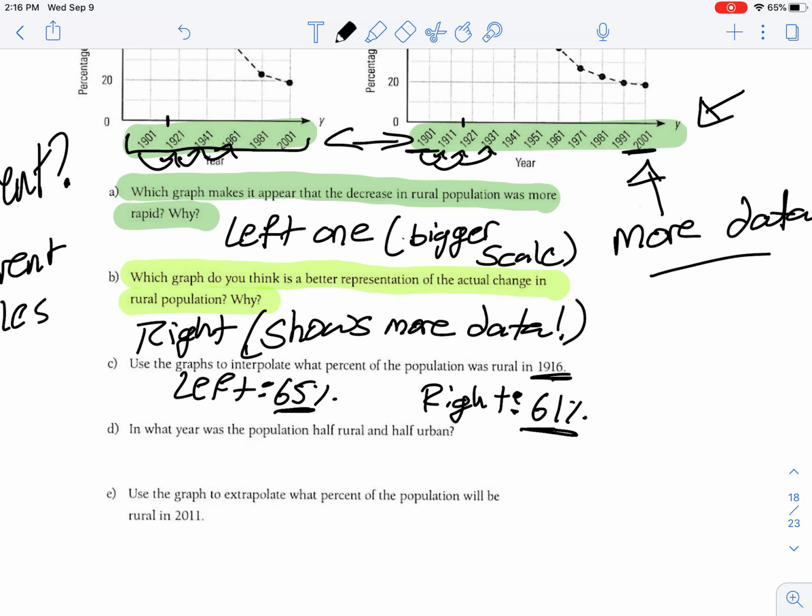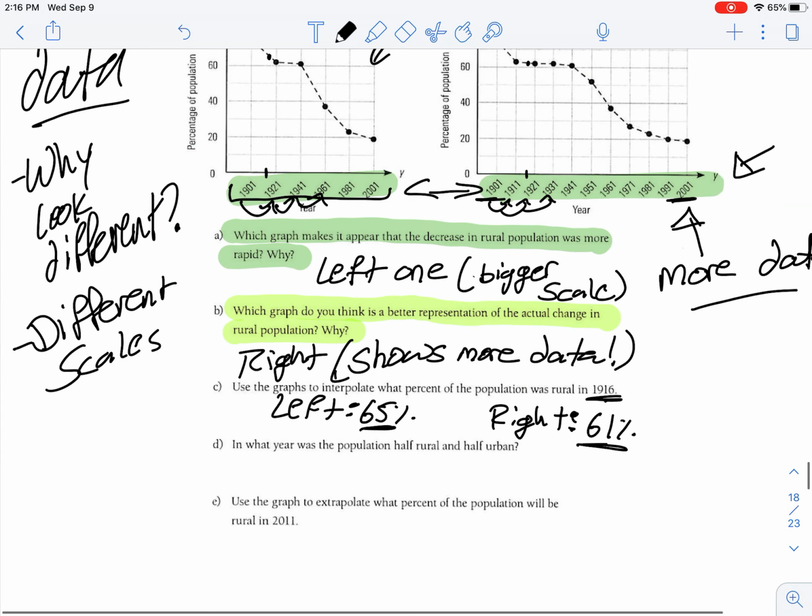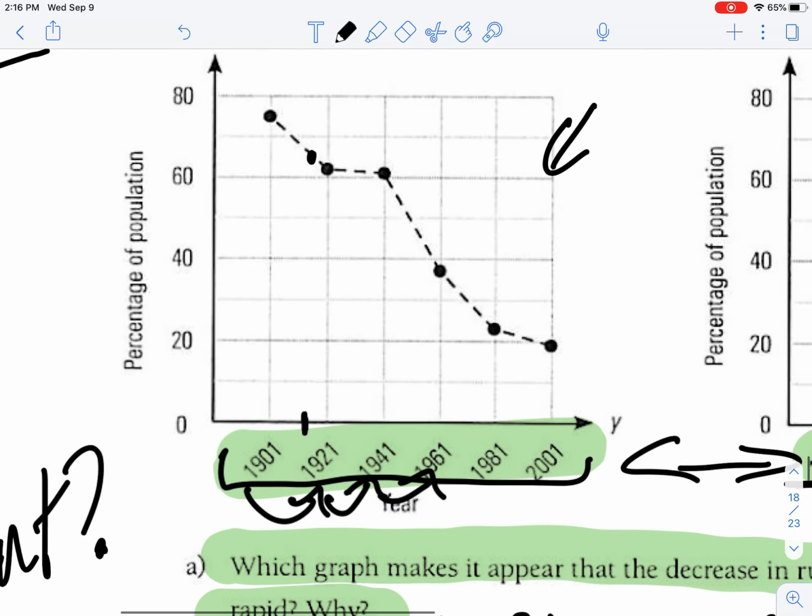In what year was the population half rural and half urban? Okay, well, half is 50%. Let's focus on the left first. So let's find 50%. And that falls, ooh, that was a kind of an angled line there.